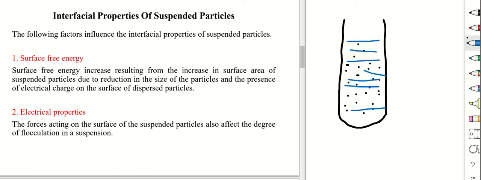Let us consider this as a suspension. So this is a dispersion medium and these are the suspended particles, the dispersed particles.